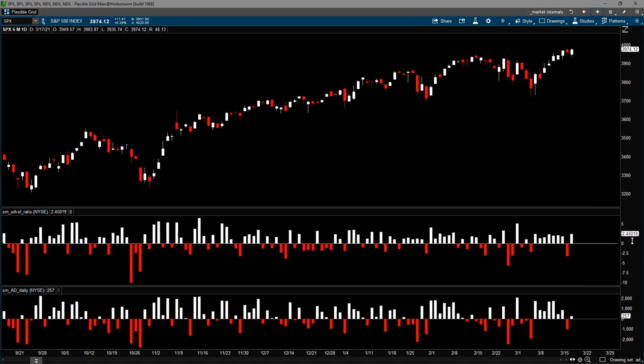So it closed positive at 2.45, except, like yesterday, we saw a negative 3.26. So there was 3.26 times more down volume than up volume yesterday. And here the advance-decline. Today the daily advancers led the decliners by 257.